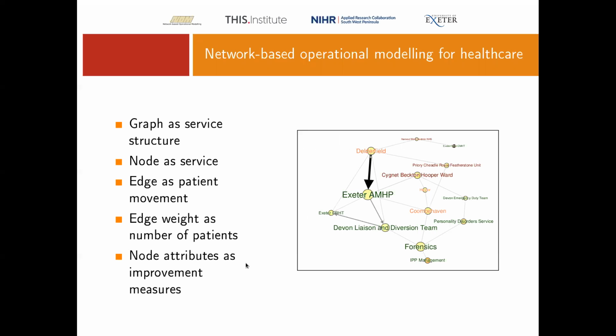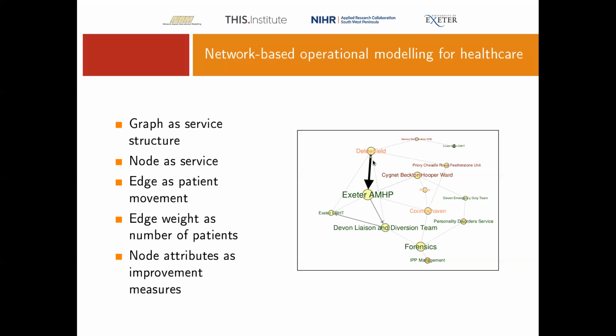We can embed different information about how the services are operating within the graph itself. We can look at the edge weight, and you'll notice that the arrows, the edges, are of different thicknesses. This represents the weight, which is the number of patients moving through the system in a particular direction.